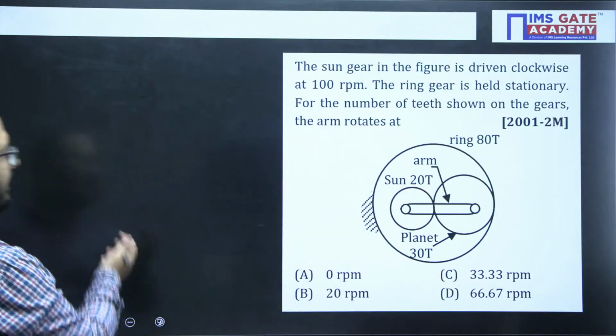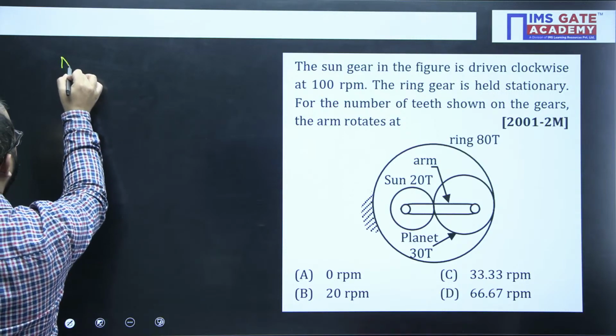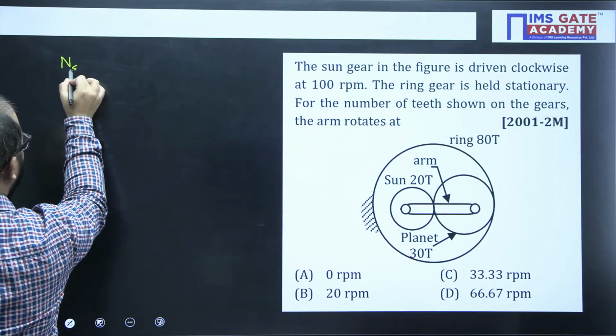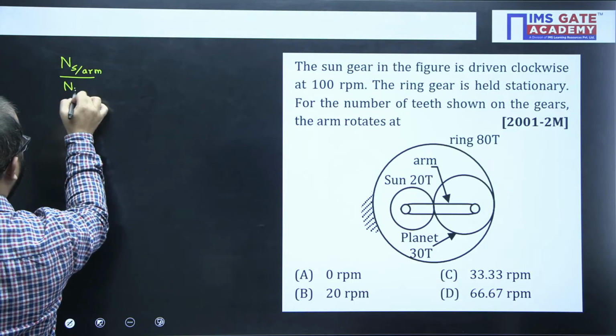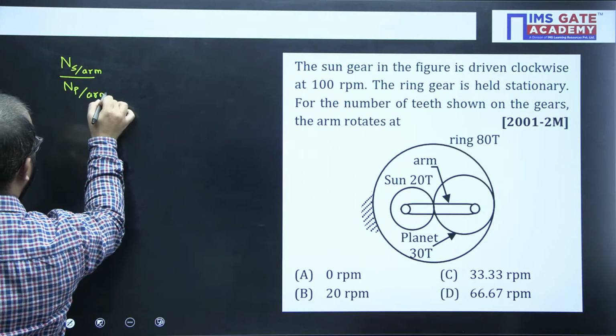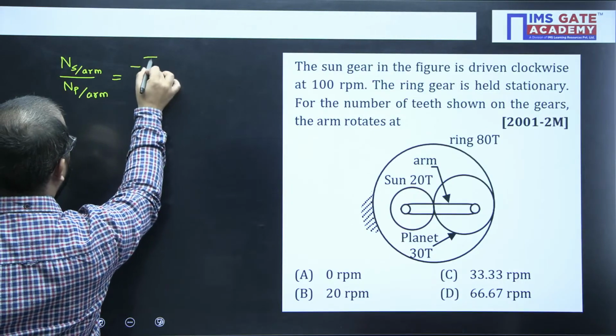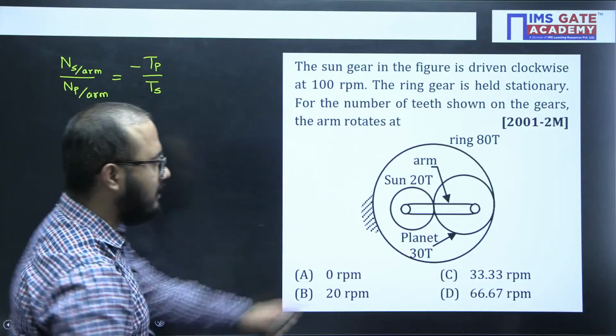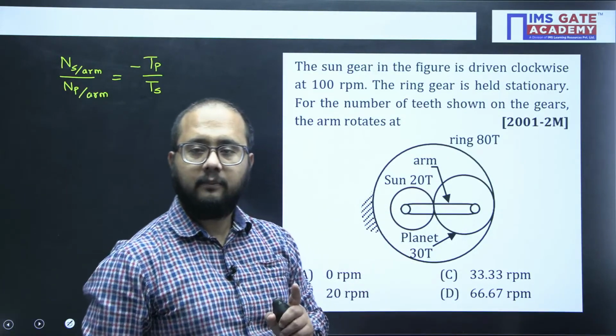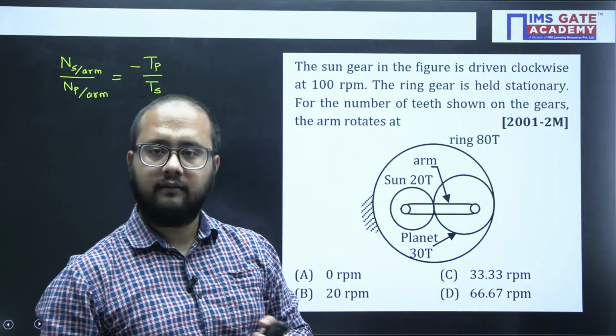So we can easily write here the speed of rotation of sun with respect to arm divided by speed of rotation of planet with respect to arm equals minus Tp by Ts. Why minus sign? Because of external meshing between sun and planet gear, right?